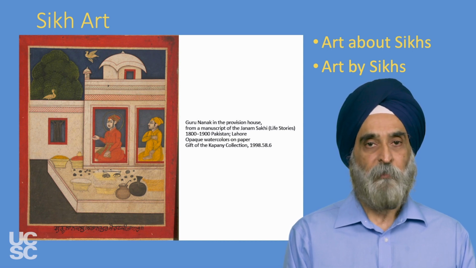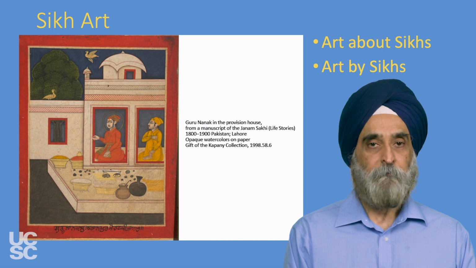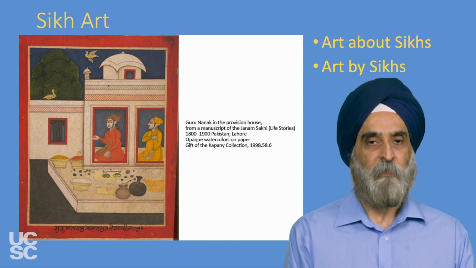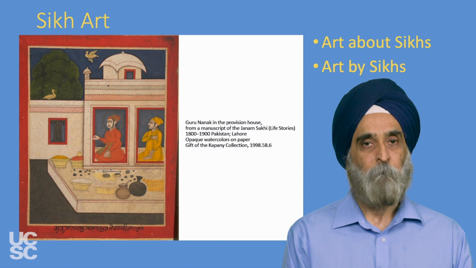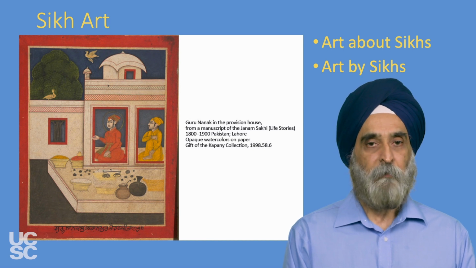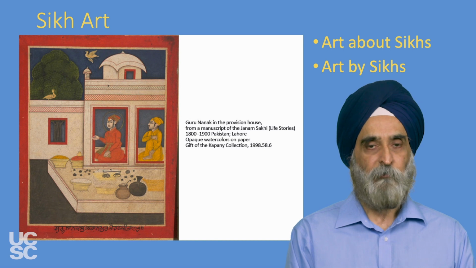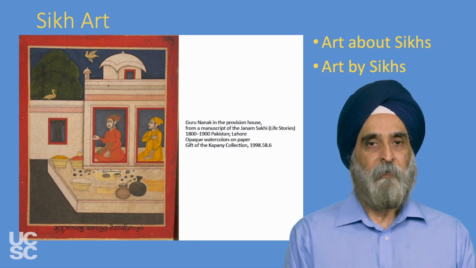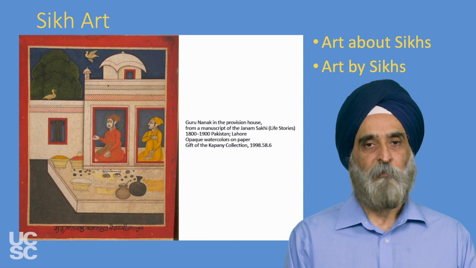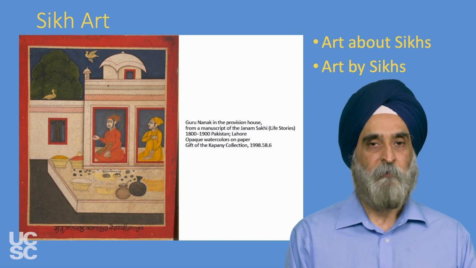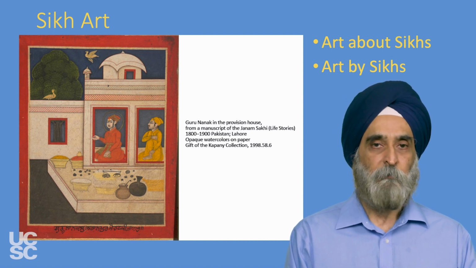In this painting, Guru Nanak is sitting in a storehouse where he worked before he had his revelation from the divine. And this style is very similar to Mughal painting at the time and Persian painting.